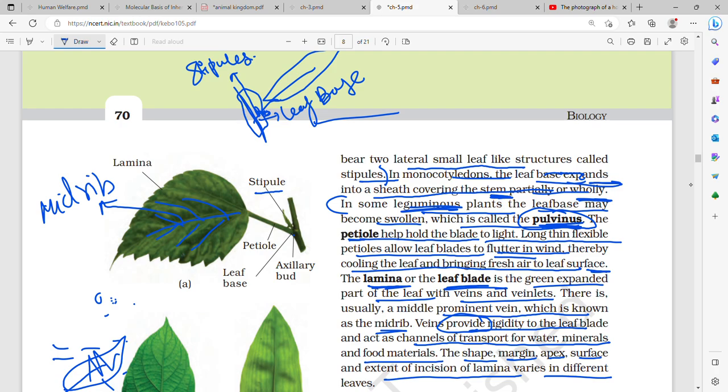Then in some leguminous plants, your legumes, that is pulses, the plants that bear pulses that you eat, the leaf base may become swollen, which is called the pulvinus.